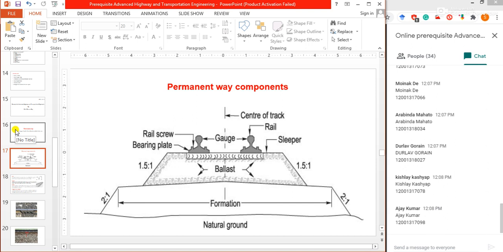The ballast provides a uniform level surface and drainage and transfers the load to a drainage area of the formation.